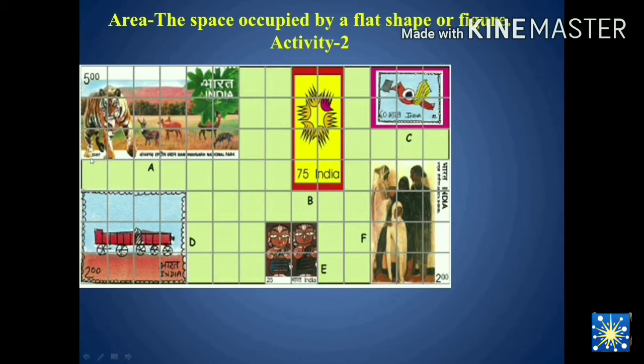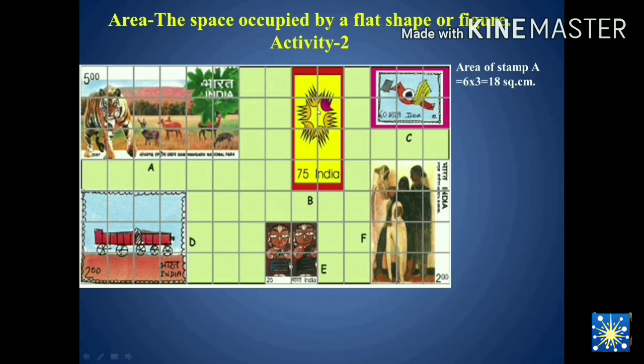Also we can count the squares in the first row and first column. That is 1, 2, 3, 4, 5, 6 and 1, 2, 3. So we can write area of stamp A is equal to 6 into 3 is equal to 18 square centimeter.